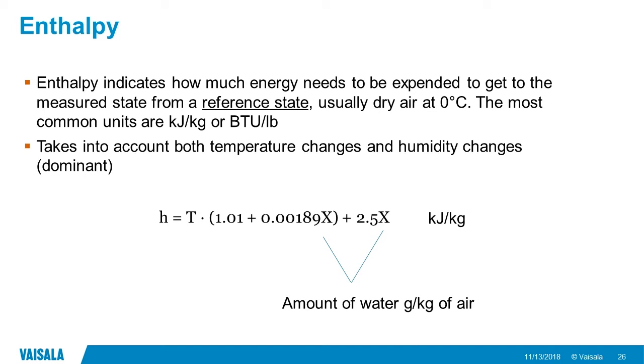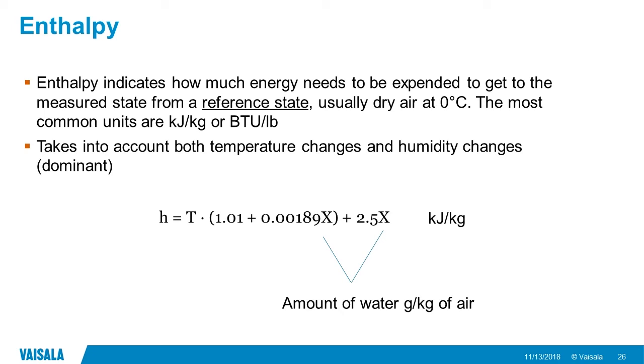And it's usually measured relative to a reference state. So how much energy do I need to expend in order to get from this reference state to the current condition?